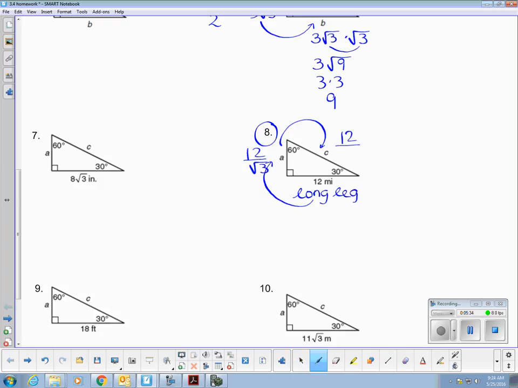So the short leg is 12 divided by radical 3, and I'm going to multiply that by 2. That gives me 24 divided by radical 3.